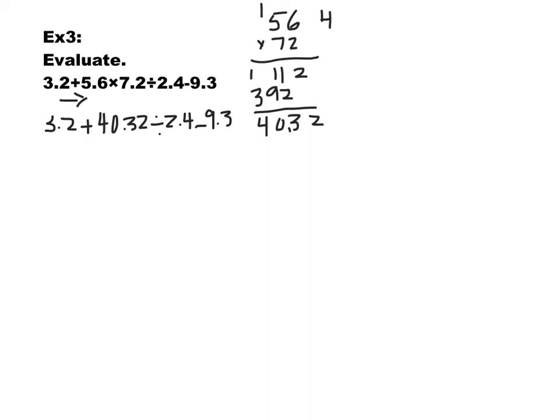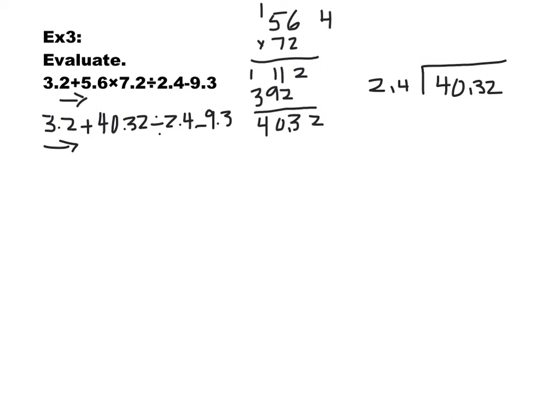Now again, we scan from left to right. We see that the division has to be done first, so I'm going to divide 40.32 by 2.4. If you recall from previous lessons, when you are dividing by a decimal number, you are going to move the decimal to the right until the decimal is after the number.